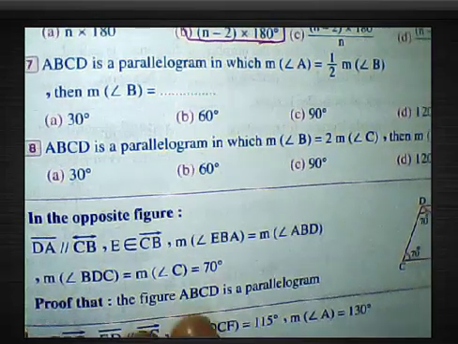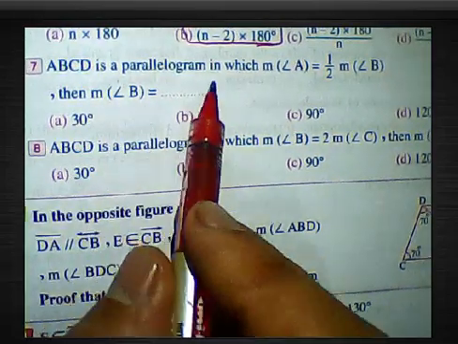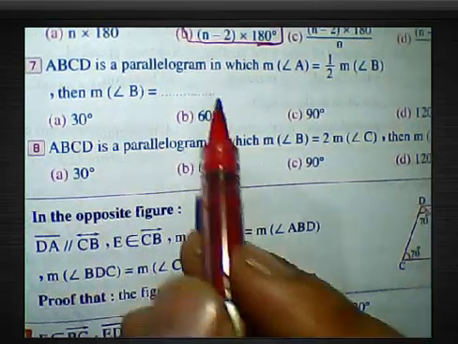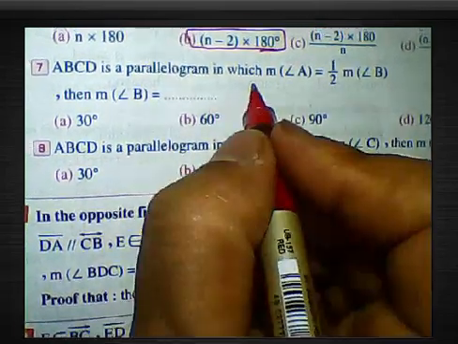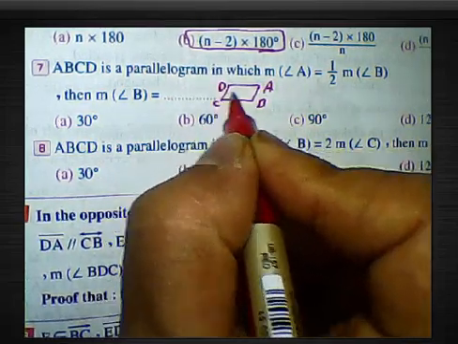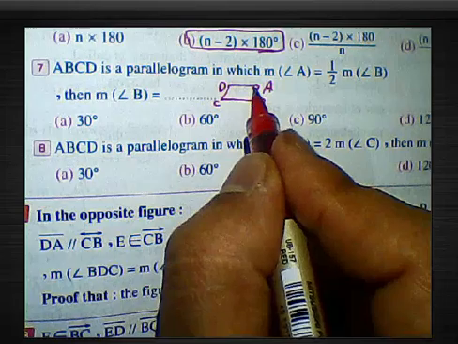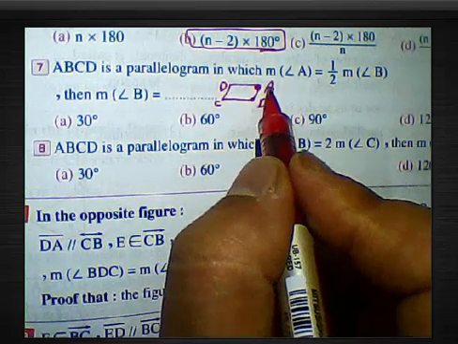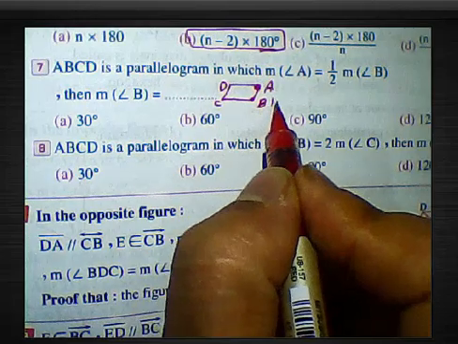Question number 7. ABCD is a parallelogram in which measure of angle A is half measure of angle B. Then measure of angle B equals what? We know parallelogram ABCD, such as this figure. Measure of angle A is half measure of angle B. We know measure of angle A plus measure of angle B equals 180 degree.